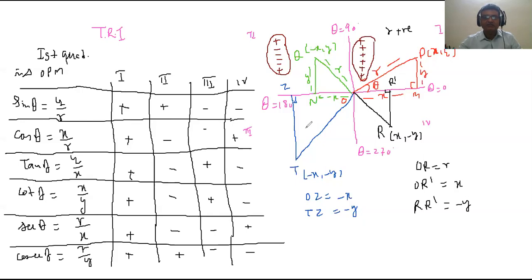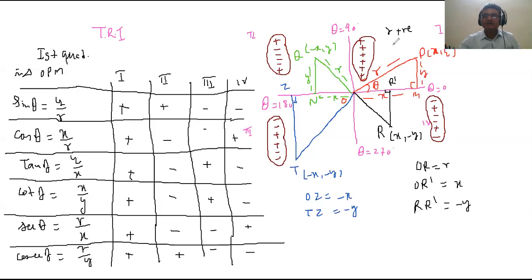While in the third quadrant, you can see only tan and cot are positive, the rest are negative. While in the fourth quadrant, you can see only cos and sec are positive, so the rest are negative.